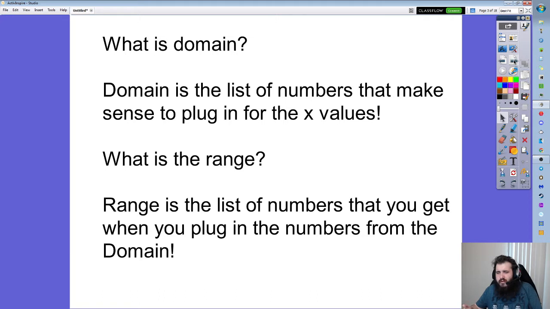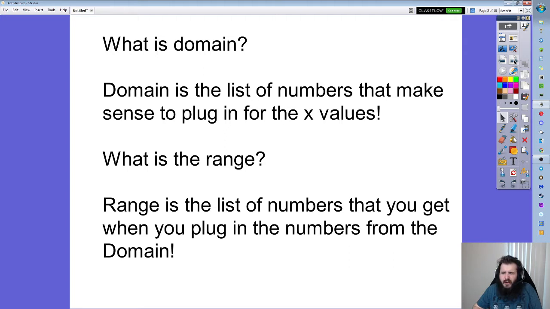What's the square root of -2? That doesn't make sense. Likewise, the range is all the outputs. If I take all those numbers that I identified to go in, what does that mean I get out? When I plug in 4 into the square root function, what do I get out of it? I get 2.